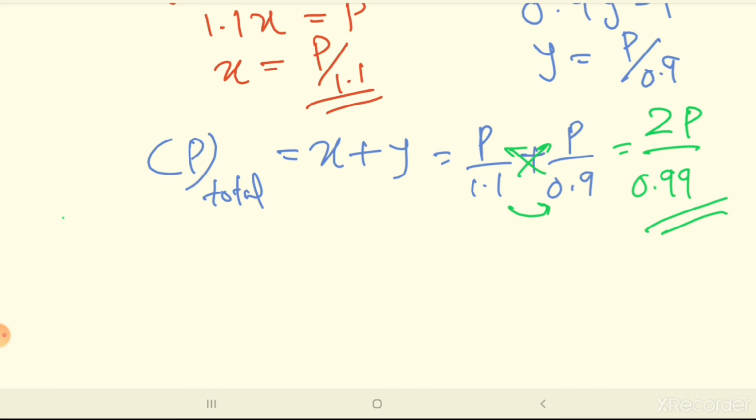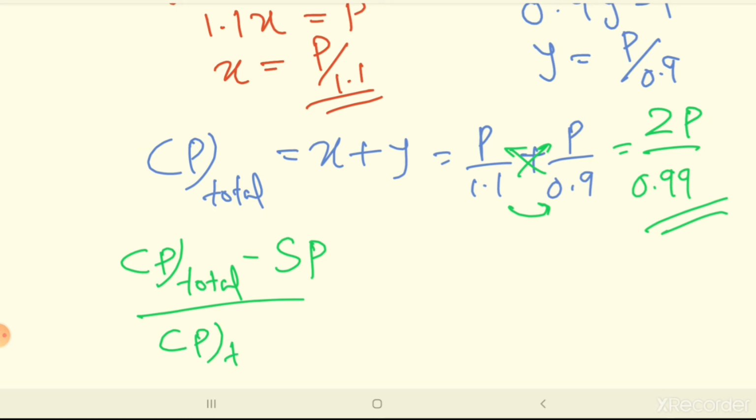So see here, total cost price minus selling price, divided by total cost price. What is the percentage change in the cost price after selling? That is what we have to find.